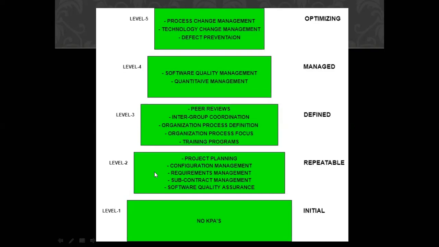For the optimizing level, as we discussed earlier, it is the highest level of process maturity in the maturity framework. The aim of level 5 organizations, along with delivering a quality and quantitative product, is to work on the improvement of the organization with the help of feedback and the utilization of the latest techniques.